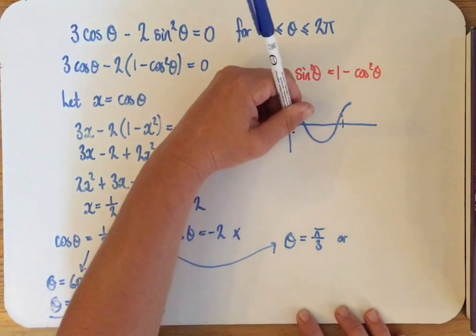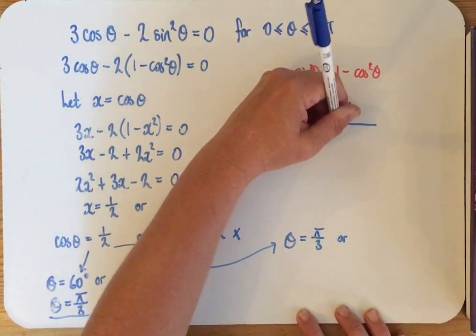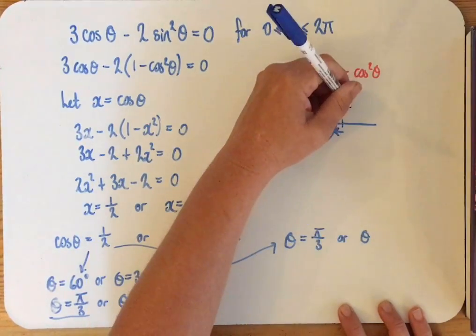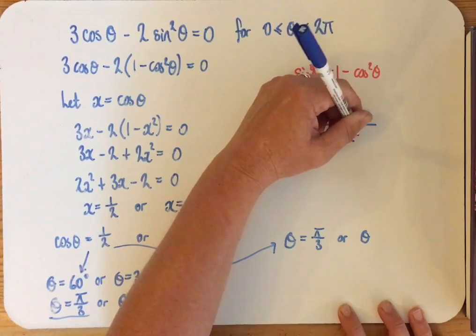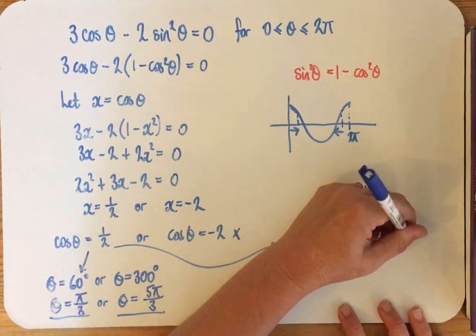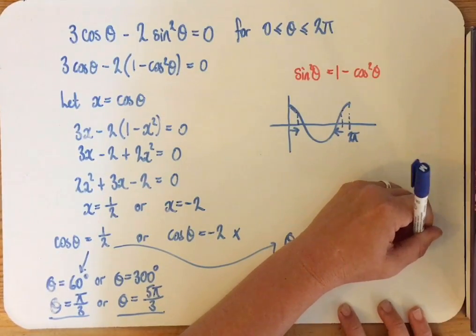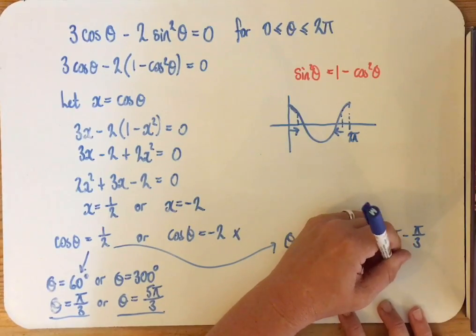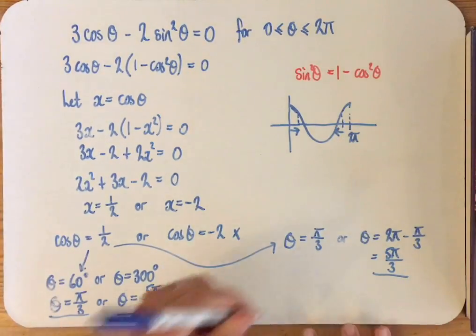And then it's exactly the same logic. We've gone forwards pi by 3, so we need to go back pi by 3, and this is 2 pi. So theta is equal to 2 pi minus pi by 3, which is 5 pi by 3.